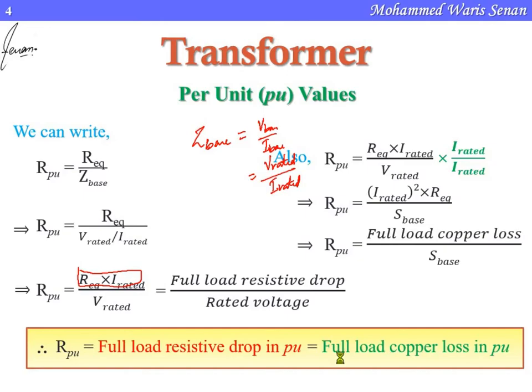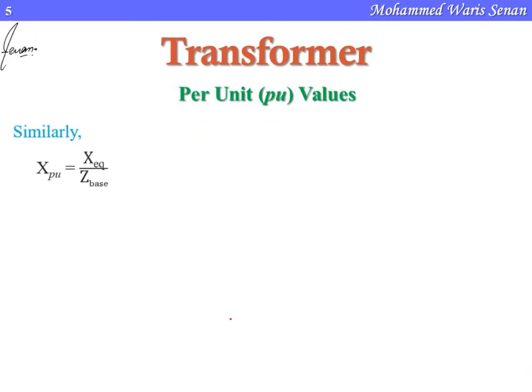Okay. In a similar manner, if we write X per unit, it will be equal to X equivalent upon Z base, and similarly we can write V rated upon I rated in place of Z base, and if we rearrange the quantities, it will be equal to X equivalent into I rated. So it will be the full load or rated reactive drop, or drop across the equivalent reactance.